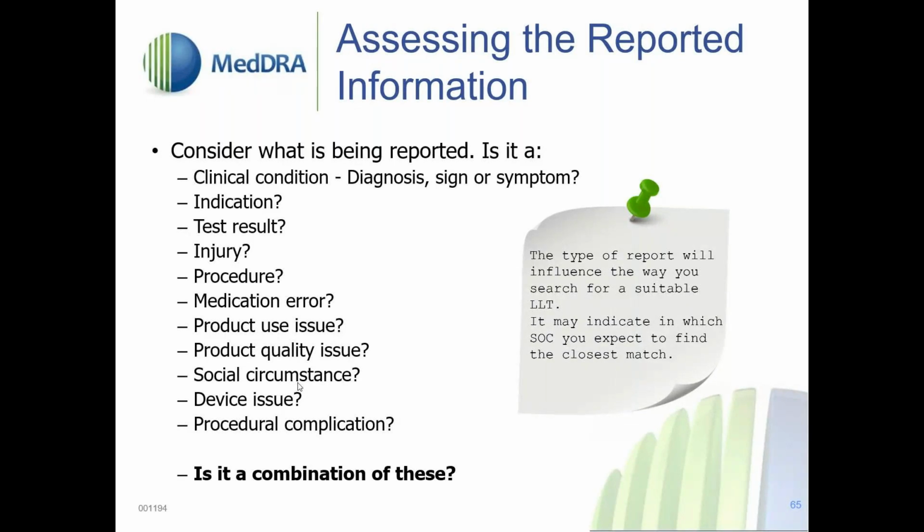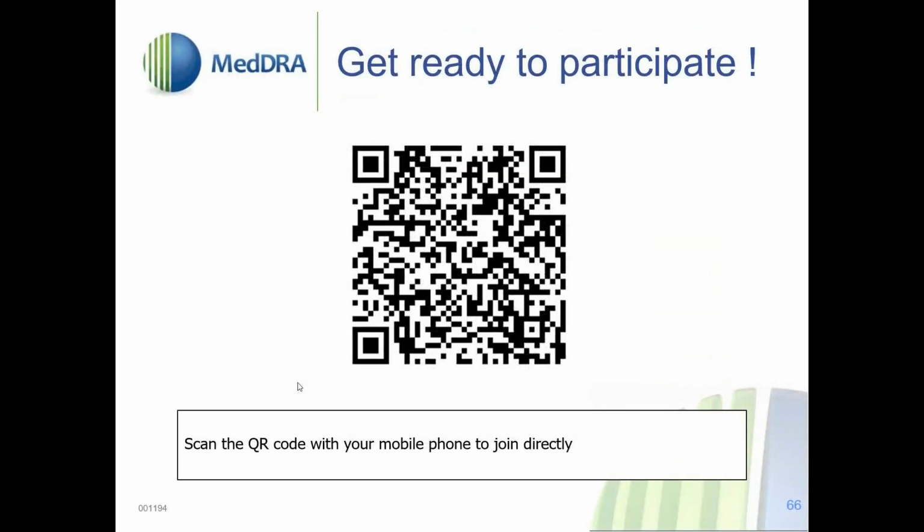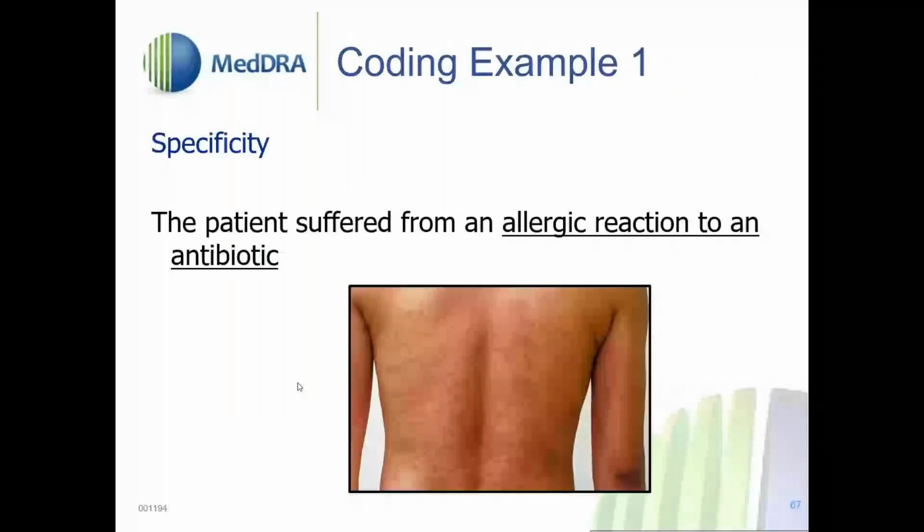And if you find some more suitable term, look at the neighbors. There may be even better, more specific terms for your verbatim. And if not successful, browse the MedDRA hierarchy with top-down and bottom-up approaches to find the best approximation to your reported event. So again here, the QR code, just in case you have lost it in between.